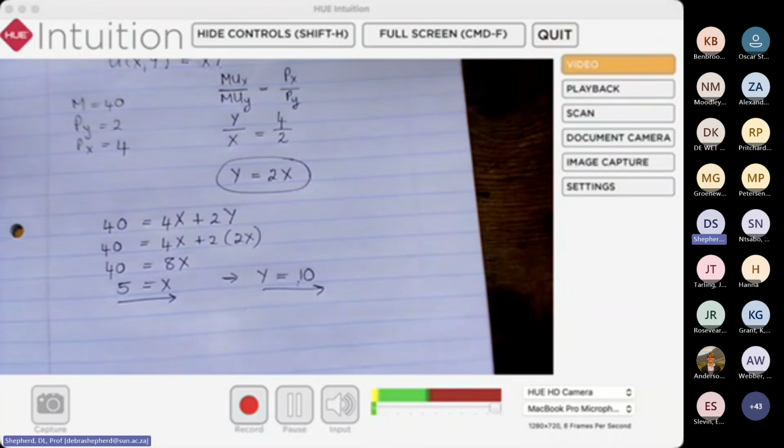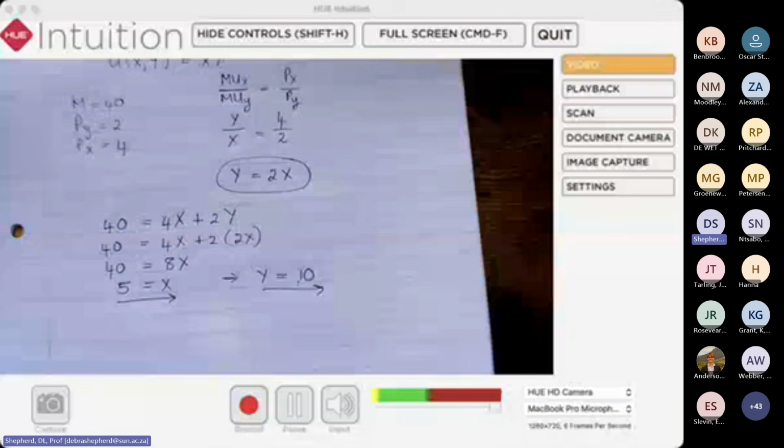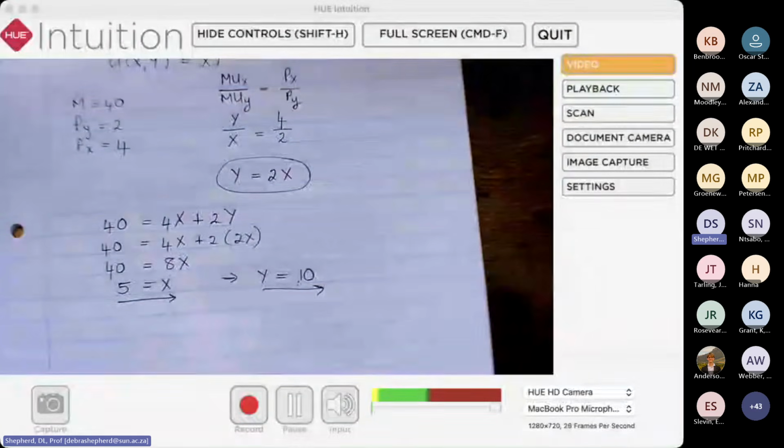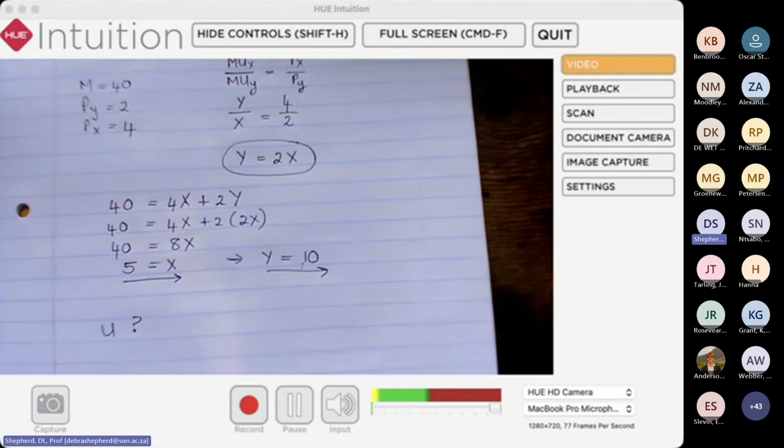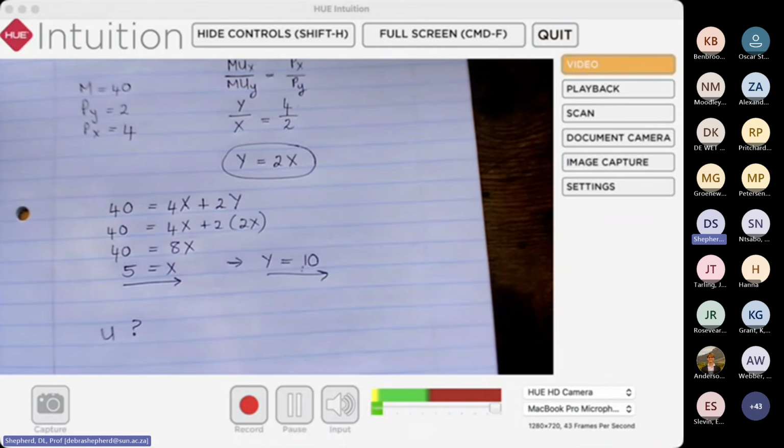The next part of the question then asks, what is her total utility that she gets from her best affordable bundle? So now what I do is I take these values of 5 and 10, and I substitute those into the utility function.